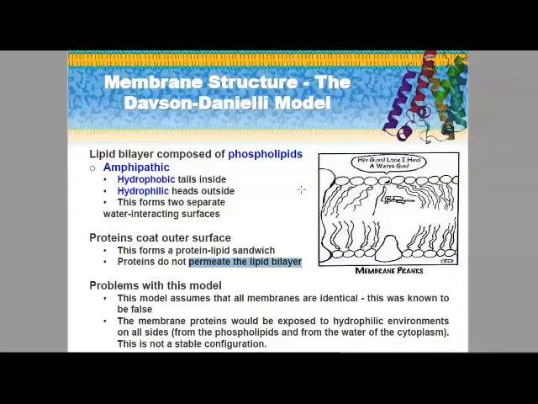So it was a pretty cool approach about the structure of the plasma membrane by Davson and Danielli.